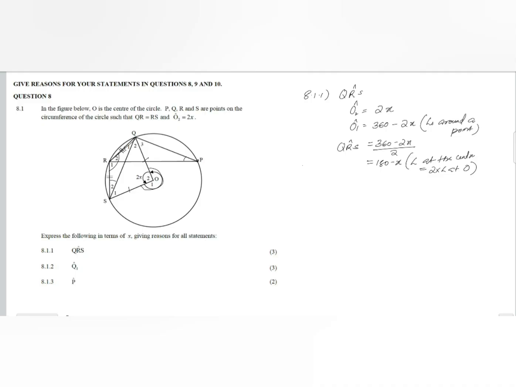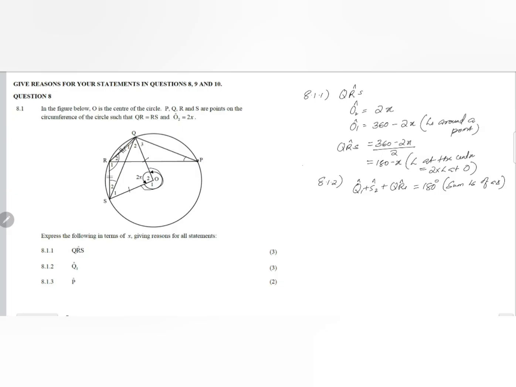Now we are moving to 8.1.2. How do you find Q1? Since Q1 and S2 are the same, this is an isosceles triangle, isn't it? That is Q1 plus S2 plus QRS is equal to 180 degrees. What is the sum of the angles of a triangle? Sum of angles of a triangle is 180.